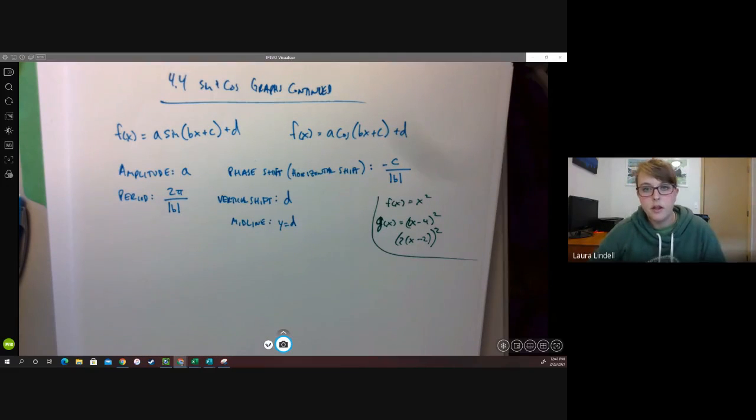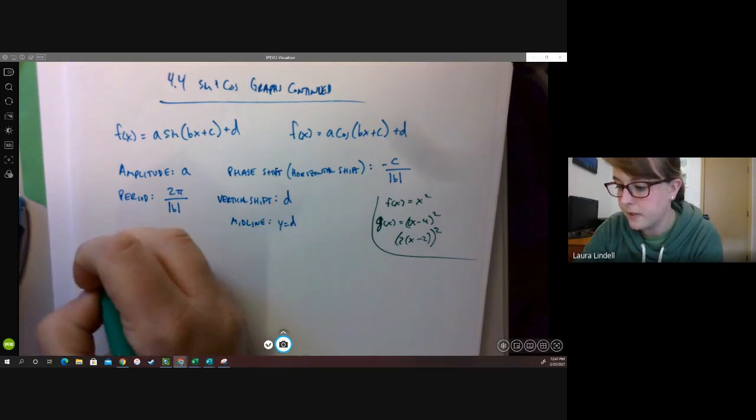Okay. So let's do a couple of examples where we're finding things like amplitude, period, vertical shift, phase shift, and stuff like that just from the equation. So first example.